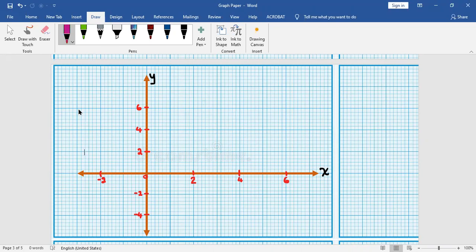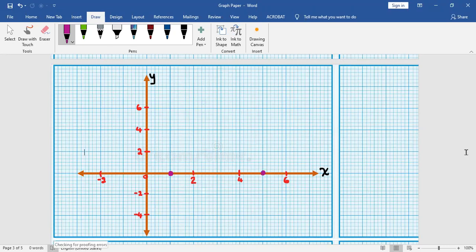Since this is 0 and this is 2, 1 will be here between 0 and 2. And now we need 5. 5 is between 4 and 6 here. So that is the x-intercept.